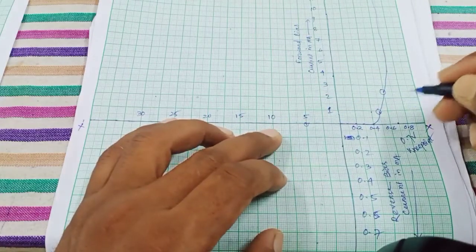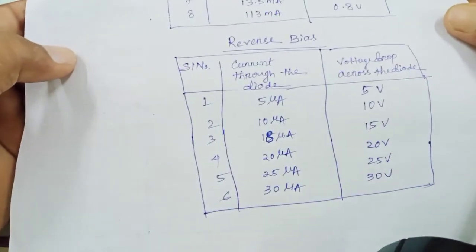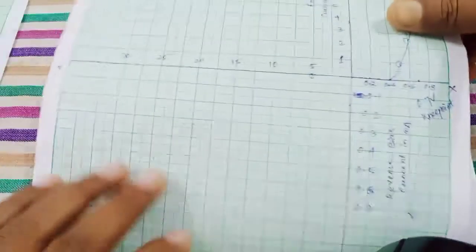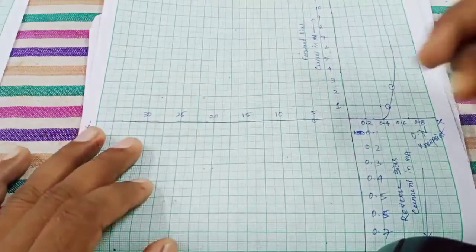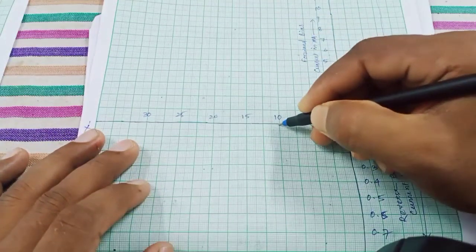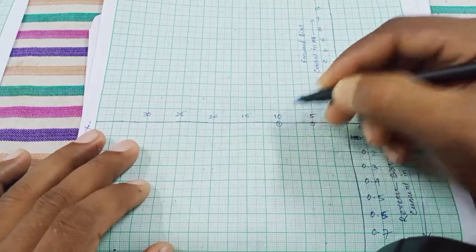At 10 volt, 10 microampere. So this is also approximate to 0.